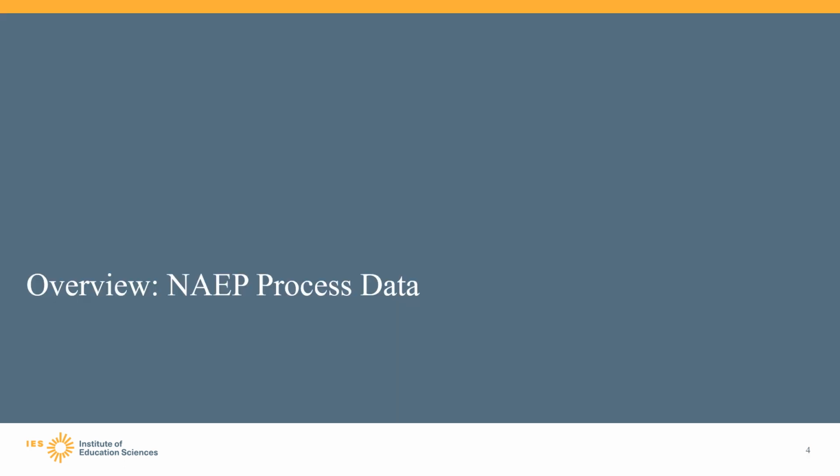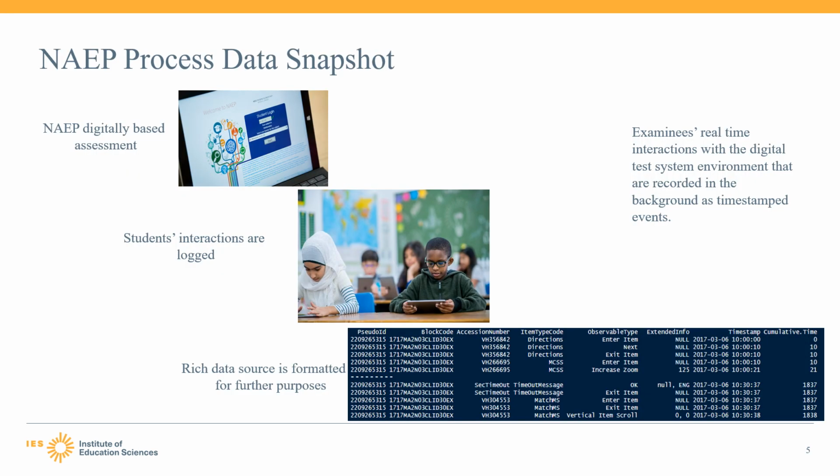Let's start with an overview of NAEP process data. NAEP transitioned to the digital-based assessments in reading and mathematics in 2017. The NAEP Process Data Snapshot is a quick and simple way to understand what process data is at its most basic level. First, students receive the NAEP digital-based assessments on tablets. Then, students' interactions with the assessment system and tablet are logged in the background. Some example actions are zooming in and scrolling vertically.